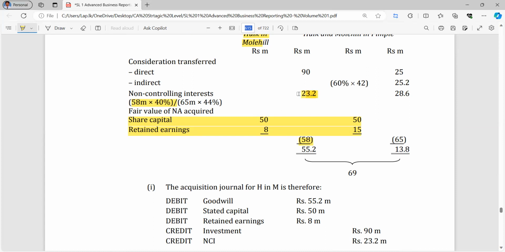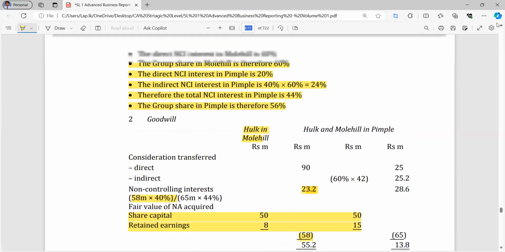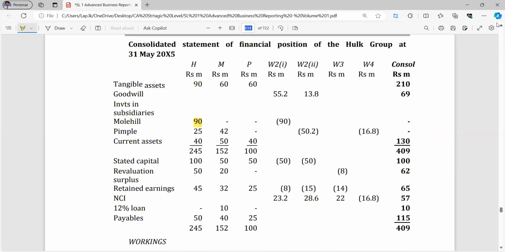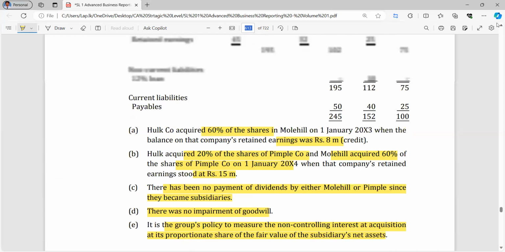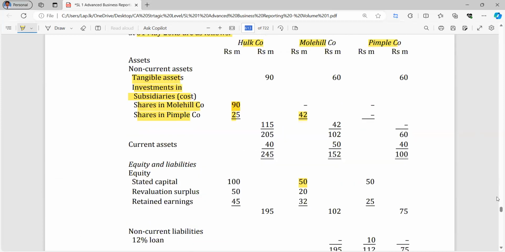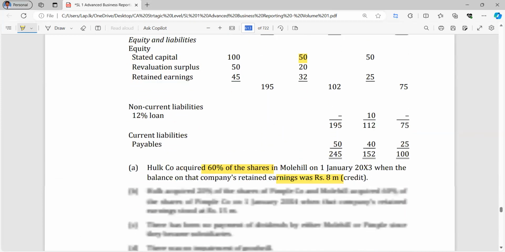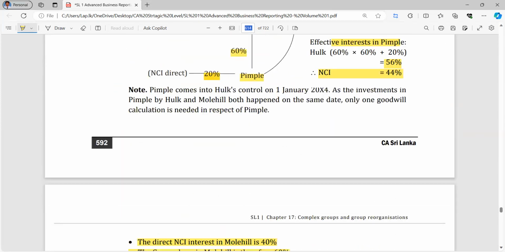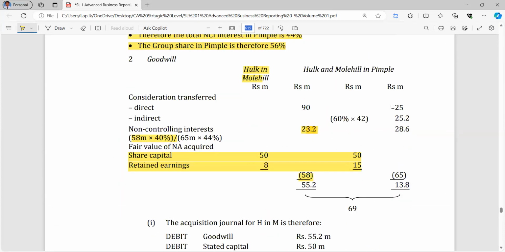Then you can get the goodwill in the subsidiary. But in the meantime, you want to take the goodwill in the sub-subsidiary as well. So the direct investment you can recognize at once. Direct investment, that is, I think, 42 into 60%. You can't recognize 100% as it is. You can recognize 60% into 42, that is 25.2.